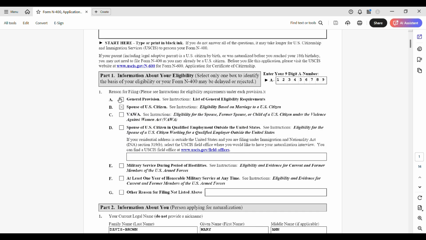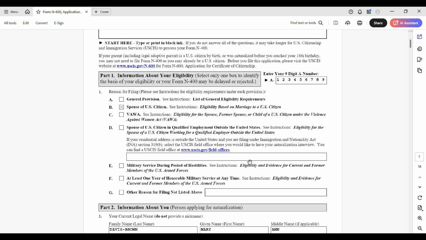Continuing here, all the sections in Question 1 that are not applicable to you would be A, C, D, E, F, and G. For any spaces that are not applicable to you, you're going to put not applicable or NA.